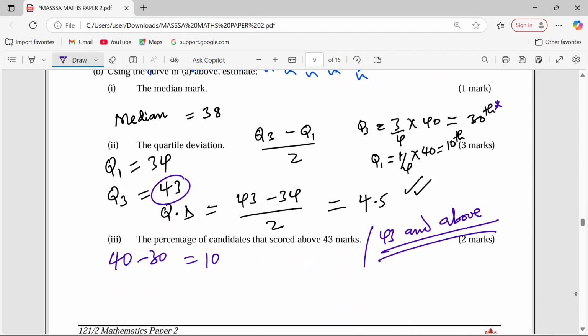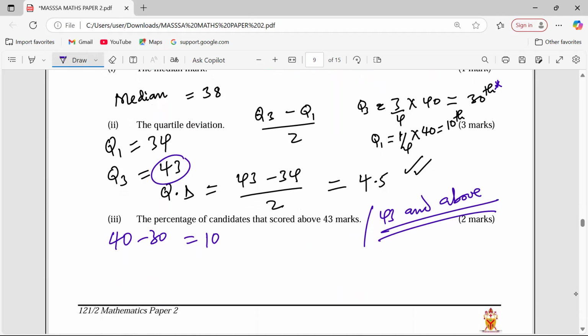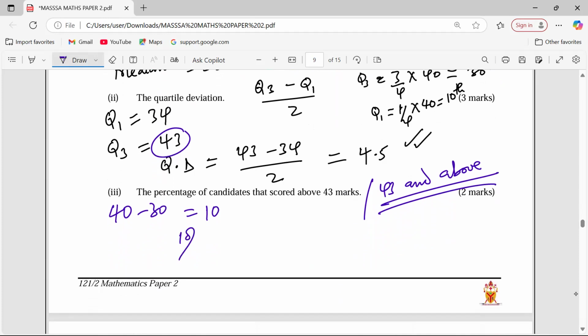But here, the 30th is at the border. The 30th is the one scoring 43. So we need the ones above that, but not the ones with 43. So the percentage of candidates that scored above 43 will be 10 of them out of 40. We make it a percentage, and this will be 25%.